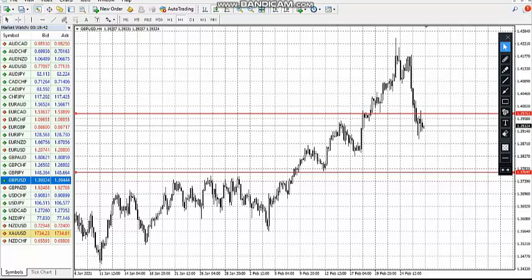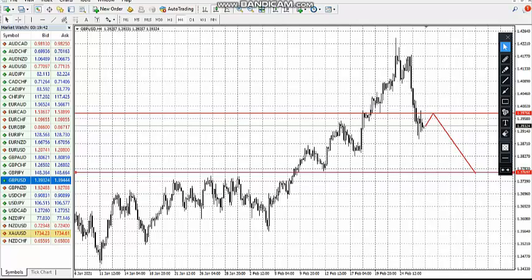So from this place, our entry point should be at this junction here. So we are expecting the market to have a good pullback down here before it moves in a sell direction. So please ensure that you see some price action before you trade this pair.